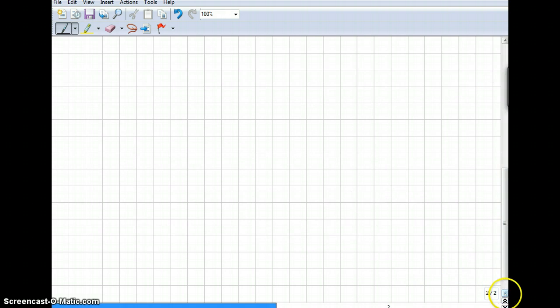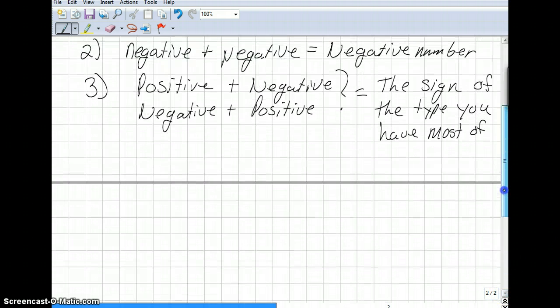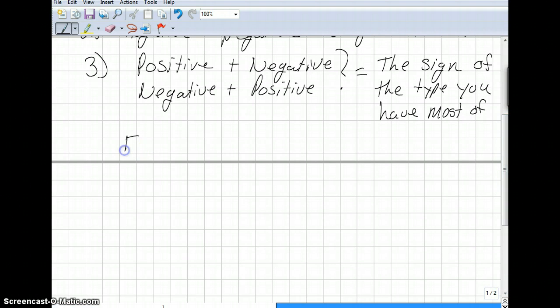For example, if I have a negative 8 plus a positive 2, well, I have more negatives than I have positives, so that means my answer is going to be a negative.